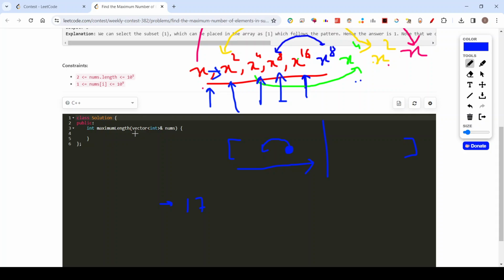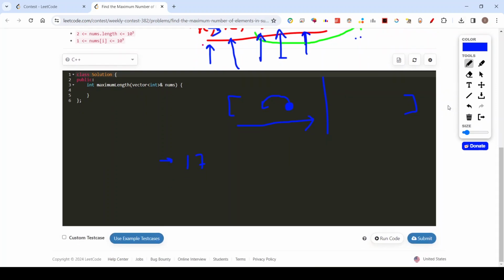For example, if there is an x square and there is an x, right? At this moment I don't know the value of x, but assume that there are two values, x square and x. Now what I would try to do is correlate this x square with x, and form a pattern like x square, x and x, right?